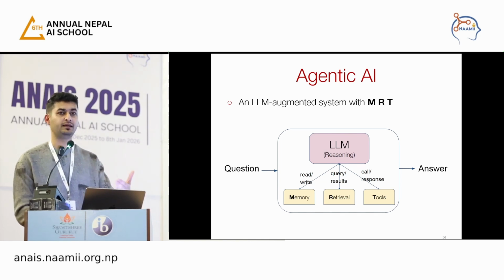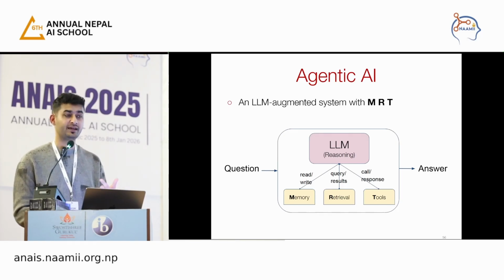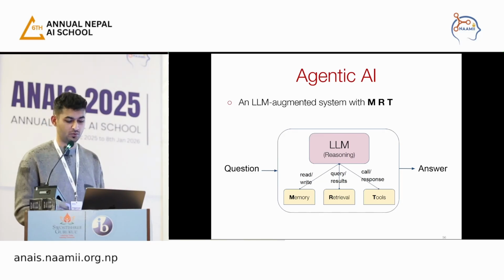Reasoning is needed for planning and thinking about why I should do an action. It has access to certain tools which it can call and get responses from. It has access to some retrieval systems where it can query and get results, and a memory as well where it can read and write. And this is not very mature yet. I think none of these are mature. These are very new areas.